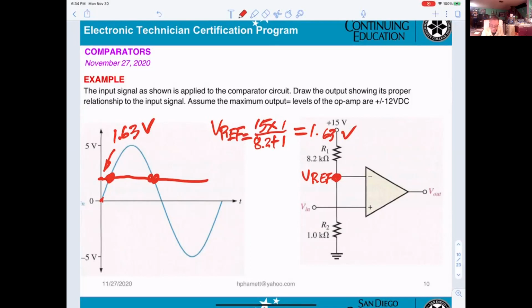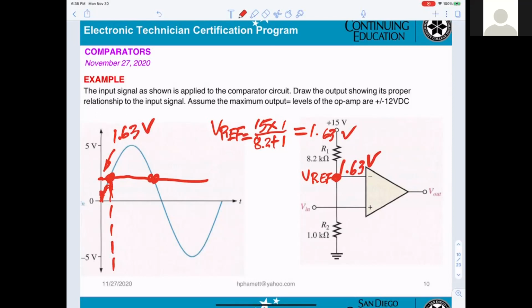So which input will be higher? Right at this point, 1.63. The inverting input. Okay, so Vin for this part right here, is Vin higher or less than 1.63? Less.